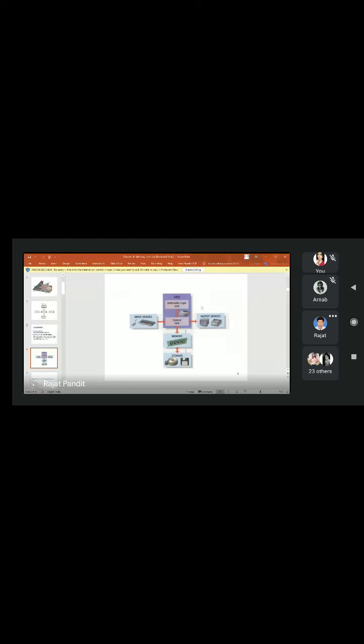Okay, so how does it process, and why is memory required? If you see this picture, you will see that this is the input device, keyboard and mouse, through which you can put information to the control unit. Then there is the CPU, with the control unit and the ALU, the arithmetic logic unit.